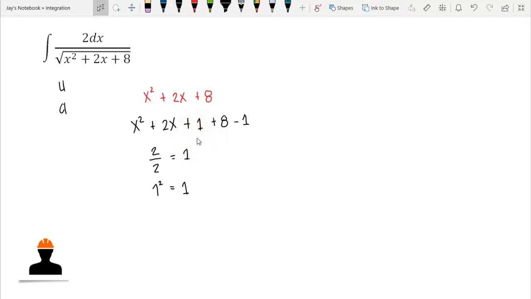So therefore, we need to come up with another number to balance the function. So our function has not changed when we introduce negative 1 here. Okay? So again, we introduce negative 1 so that we could balance the equation and the value of the equation will not change.